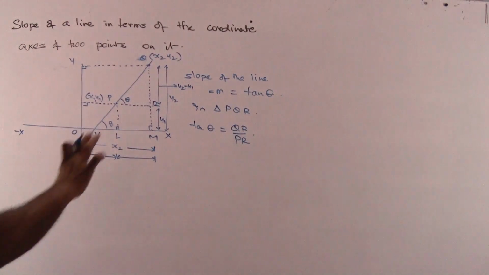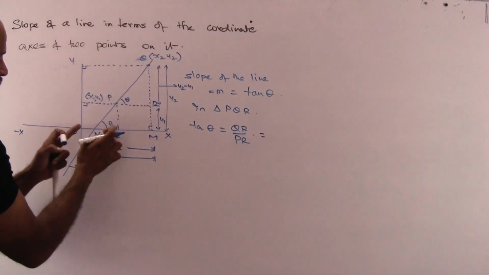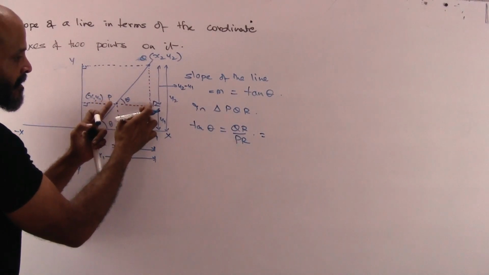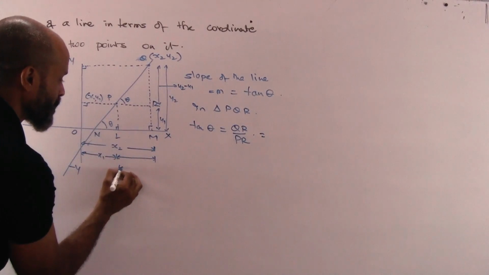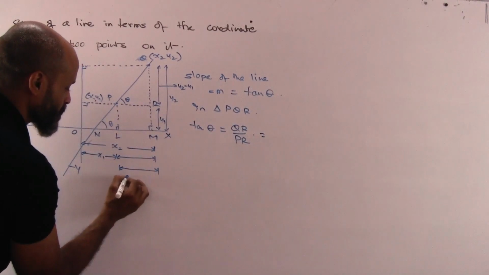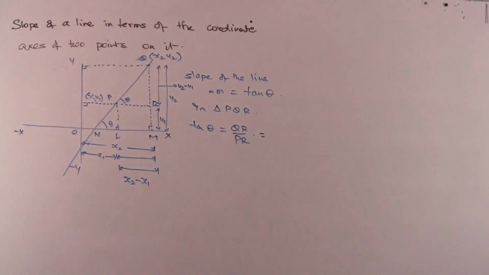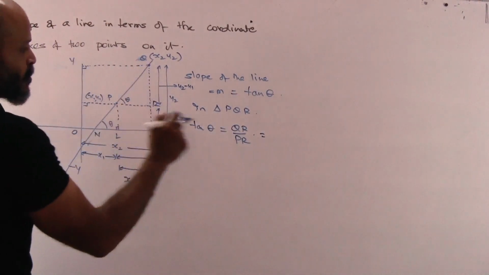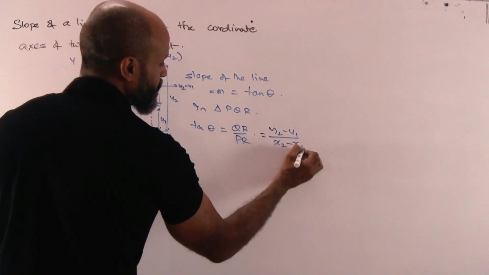So now if we have to calculate PR, it will be x2 minus x1, very obvious, okay. So tan theta is equal to QR upon PR, that is y2 minus y1 upon x2 minus x1.